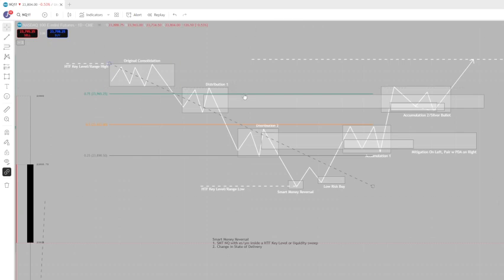Another thing you'll notice on my drawings is I always have a liquidity sweep, which is your turtle soup entry. You'll notice almost every single time as we leave a range, we have to sweep the range low to go to the range high, or the range high to go to the range low. Then you have your time frame alignments, which I have right here.